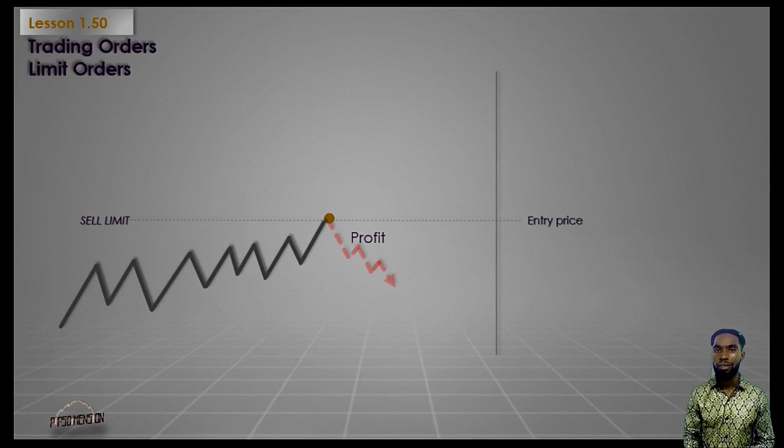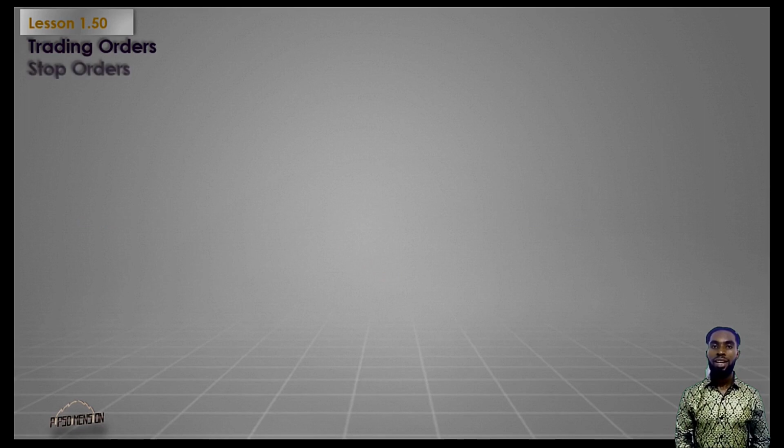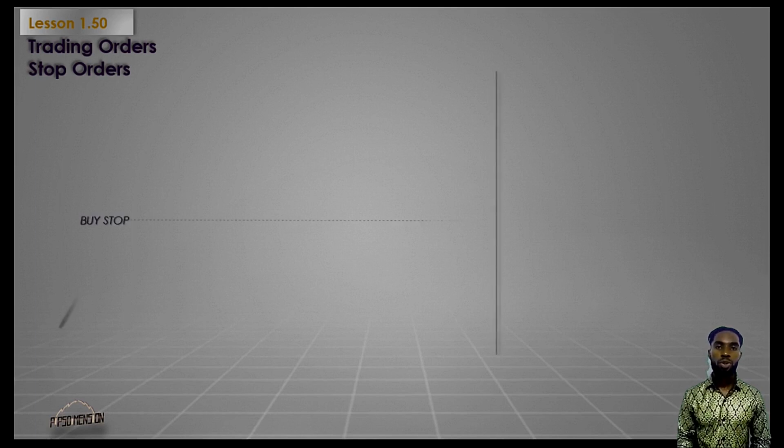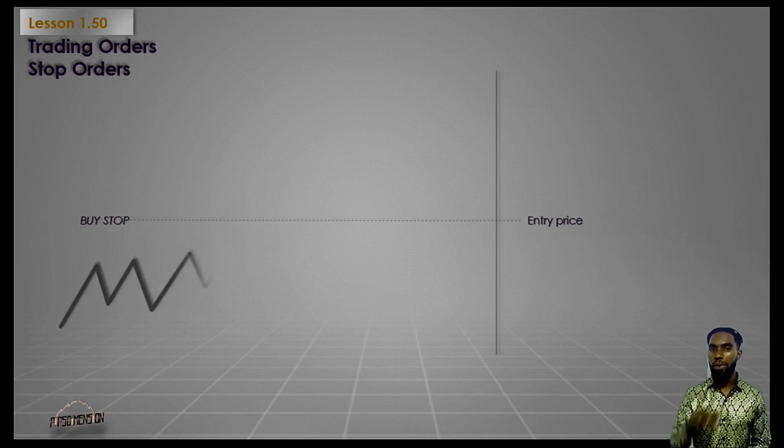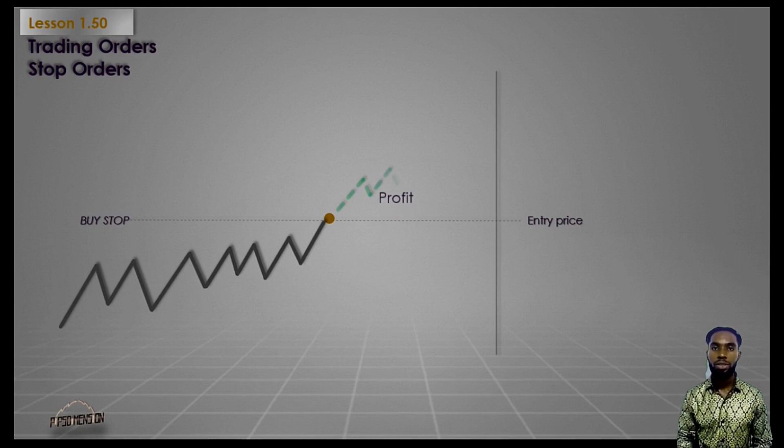Stop orders are either used to set your buy order at a level that is above the current market price or to set your sell order at a level that is below the current market price. Thus, use the buy stop order when you want to set your entry point at a level that is above the current market price, and then you wait for the price to move up and hit your entry point and continue upwards to make profits.